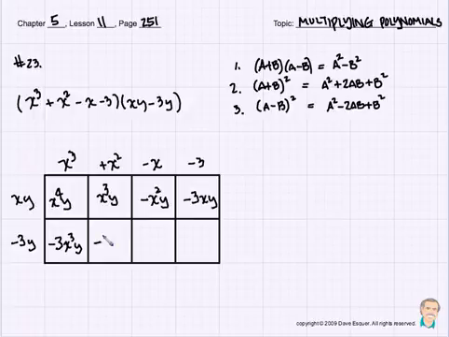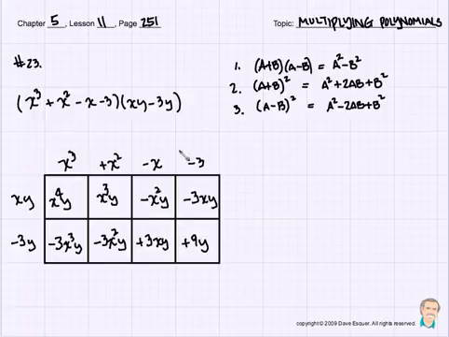Minus 3y times x squared is minus 3x squared y. We have minus 3y times a minus x is a plus 3xy. And we have finally minus 3y times a minus 3 becomes a plus 9y.